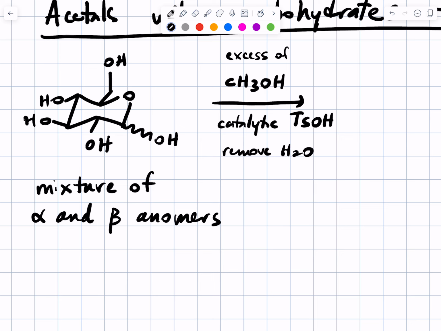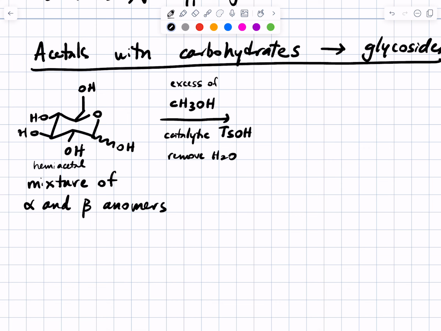Some of you will encounter problems like this and you're like, I have no idea what to do. And the problem is that you're just not connecting it to something you've done before a ton of times. You have to remember that the carbohydrate is a hemiacetal. And you have to remember that hemiacetals can convert into regular acetals by reacting with an alcohol.